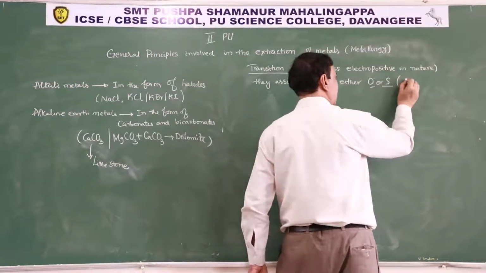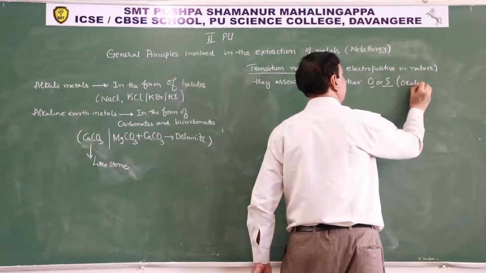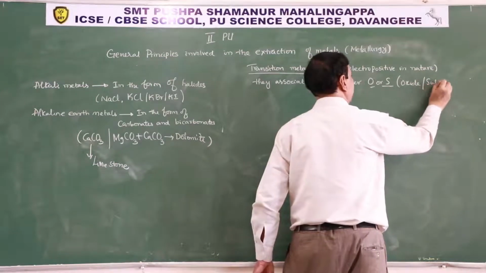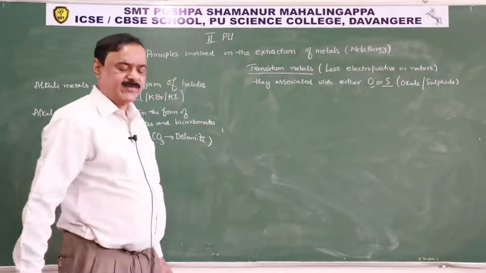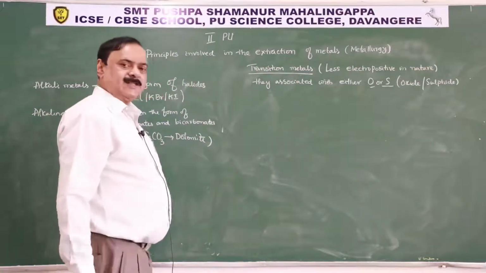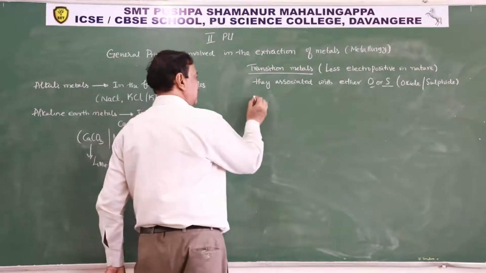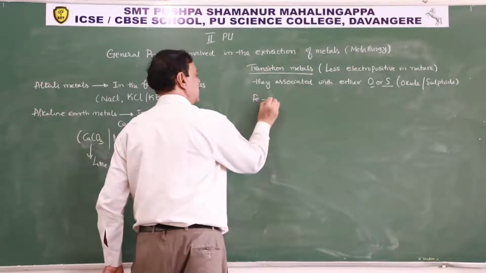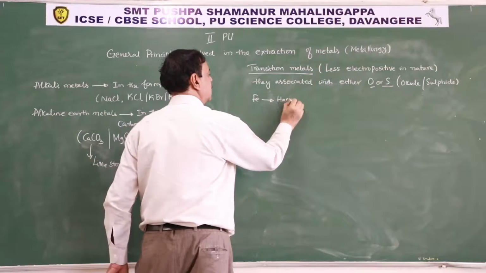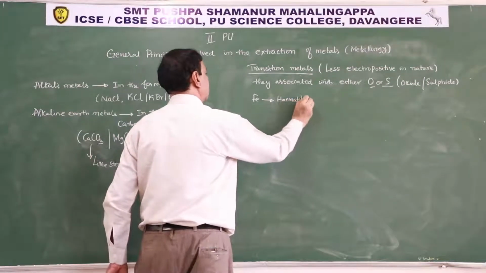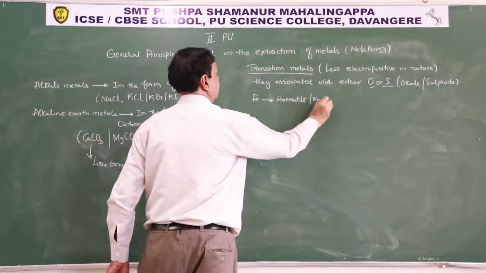That is, they occur either in oxide form or sulfide form. Is it clear? For example, iron occurs in the form of hematite or in the form of magnetite.